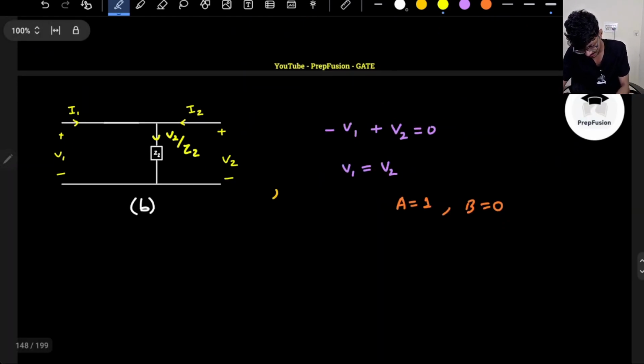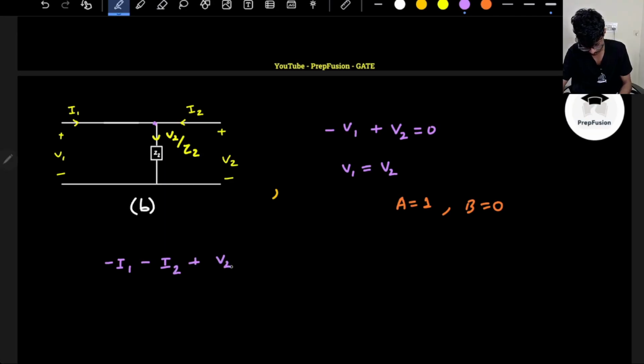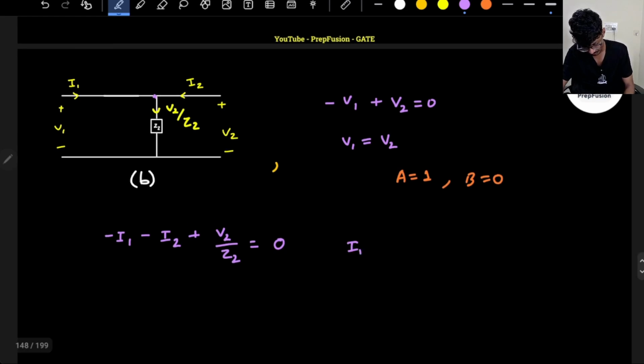So I can write a KCL in this node: minus I1 minus I2 plus V2 by Z2 equal to 0. So I can directly write my I1 as V2 by Z2 minus I2.